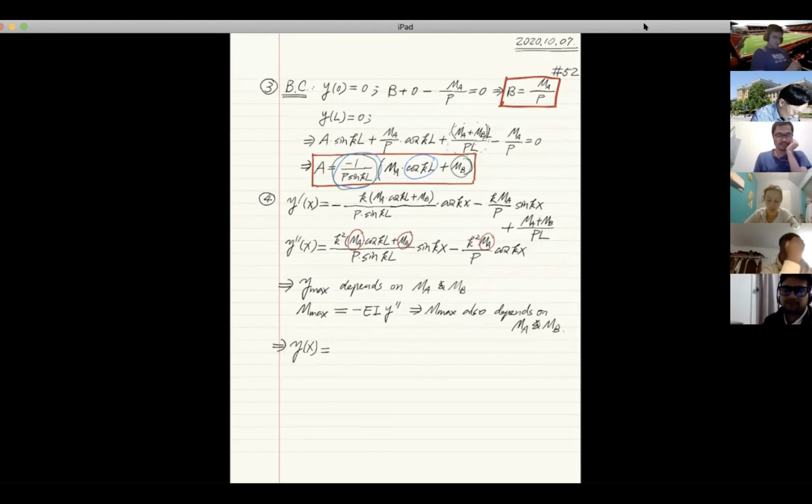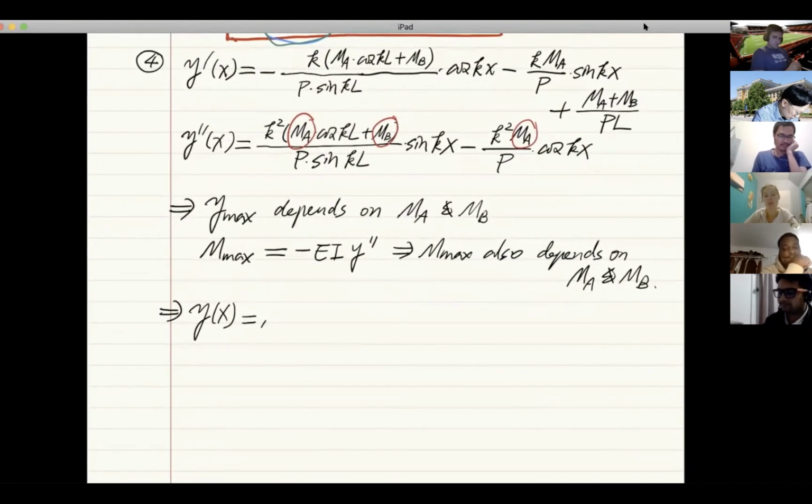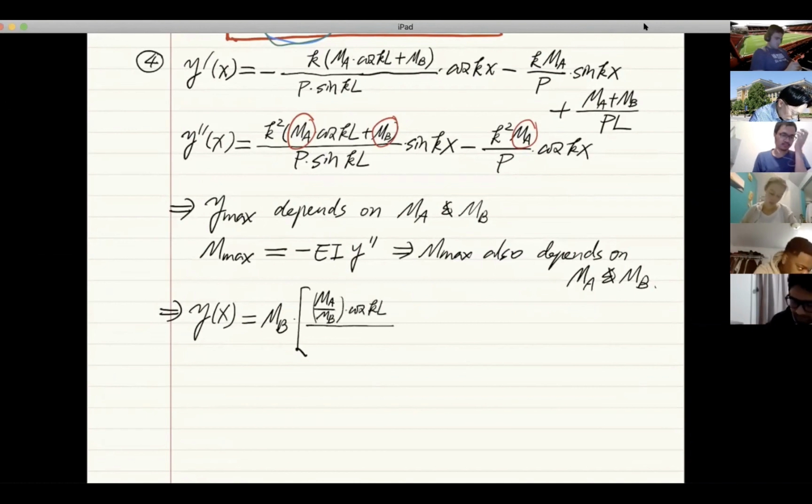So this is written as MB times something slightly lengthy. The first one is MA over MB times cosine KL plus 1. And this whole thing divided by P times sine KL.